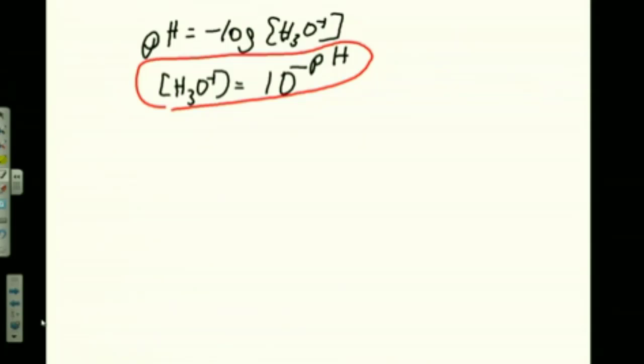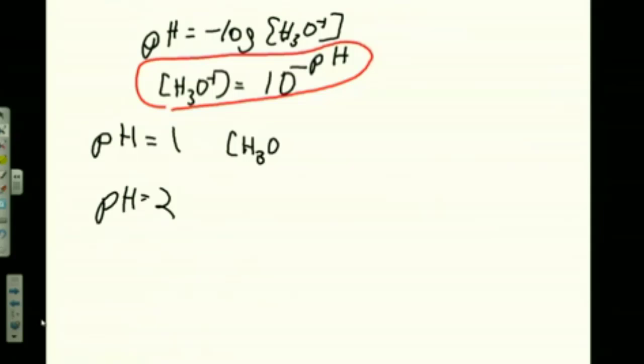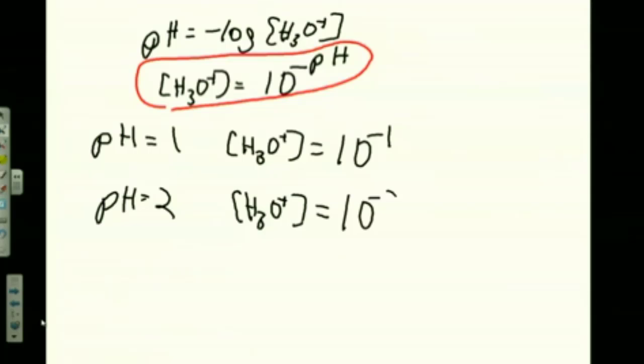So let's go back and look at our things. pH equals 1 or pH equals 2. What's the hydronium ion concentration? Well, here, hydronium ion is equal to 10 to the minus 1. Hydronium ion concentration here is 10 to the minus 2. So this is pH 1, pH 2.